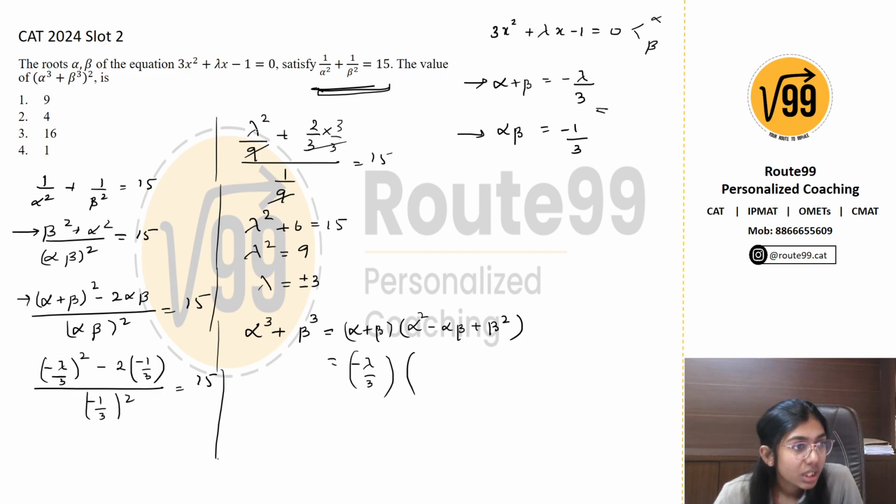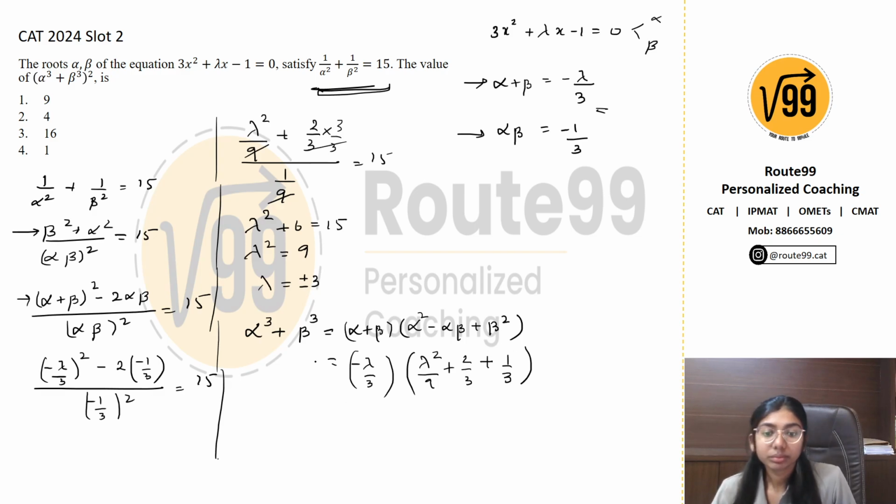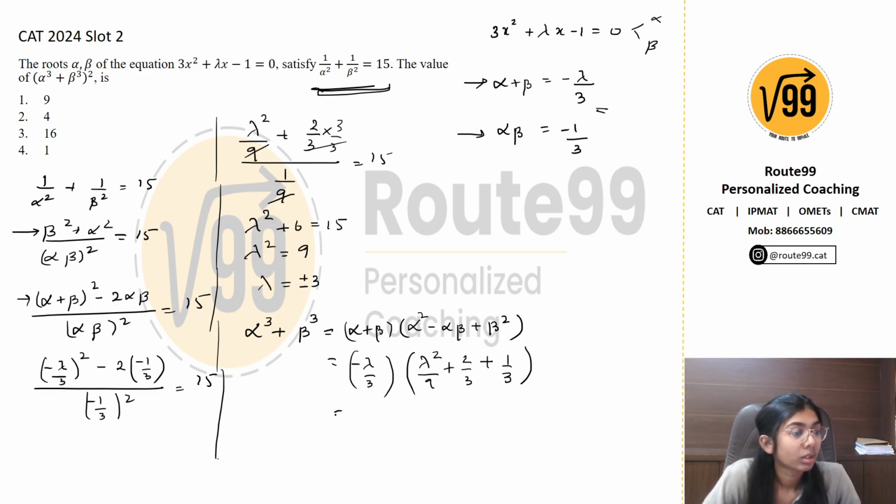So it is lambda square by 9 plus 2 by 3, minus alpha beta, which becomes plus 1 by 3. Okay. So minus lambda by 3 multiplied by lambda square by 9 plus 2 by 3 plus 1 by 3. 3 by 3 will become 1.